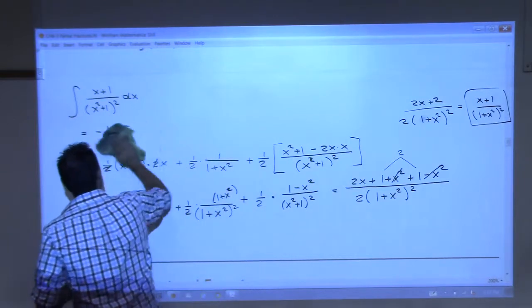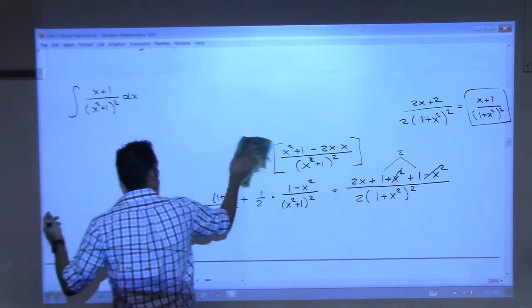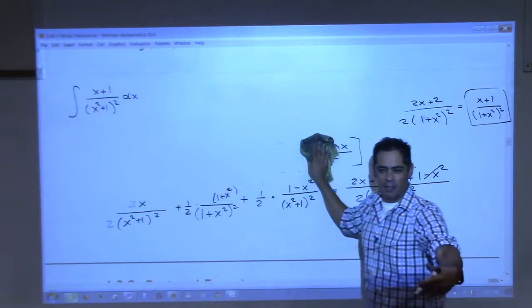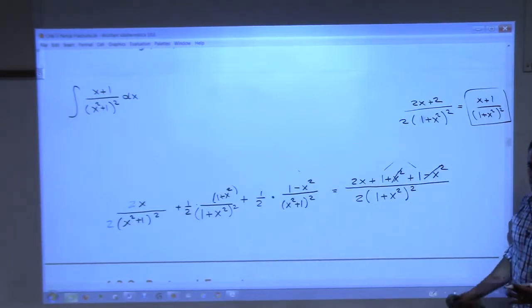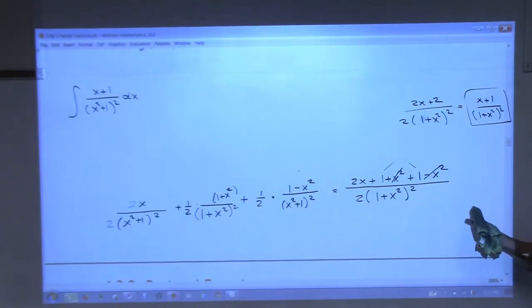I feel like I have forgotten what it's like to be sitting there. But I hope that I still present it in a way that is accessible to you, because there's no denying that this is difficult. There's so much room for error. If I would have messed up one sign anywhere in that, this would not have worked. The only reason I didn't mess it up is because I think I've done it enough. But do I make mistakes on it?